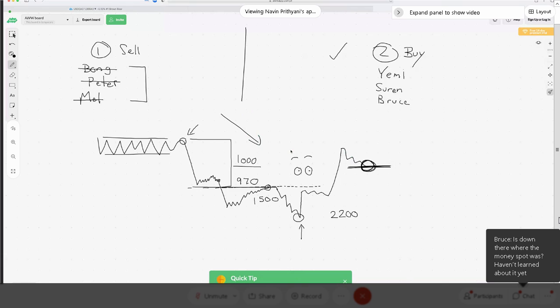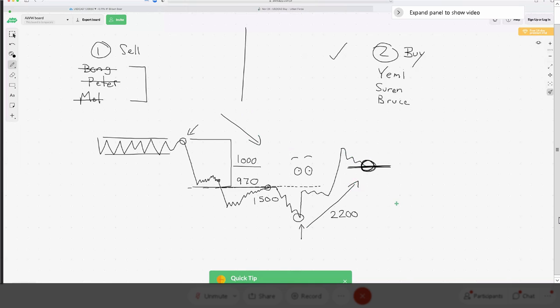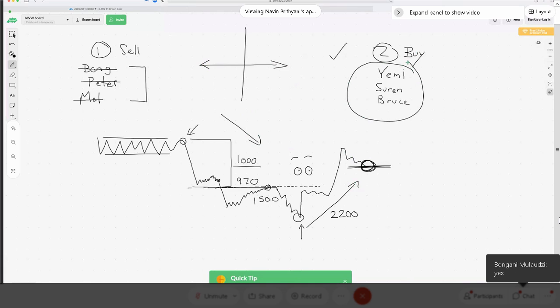Now that the buy has shown up, look how high the buy is. Isn't that pretty high, the buy? It's like all of this was missed. So you guys understanding the logic that goes between the two people? Now, could Yemi, Surin, and Bruce have gotten a better price knowing when these guys are actually quitting?